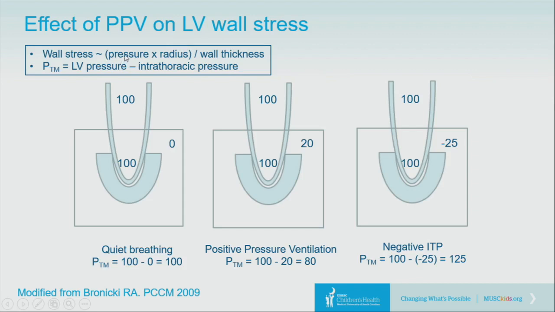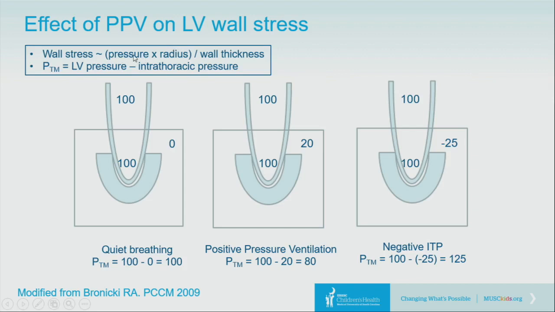One is your intraventricular pressure, and then the radius of your ventricular chamber, and that relationship can be reduced by increasing wall thickness. But we're obviously not going to be in the business of manipulating wall thickness in the ICU. We can't control that. We talked about the radius of the ventricle, and we can manipulate that by providing diuresis.